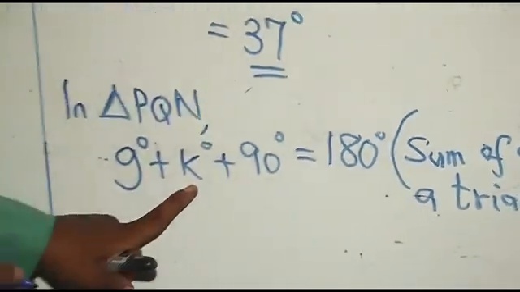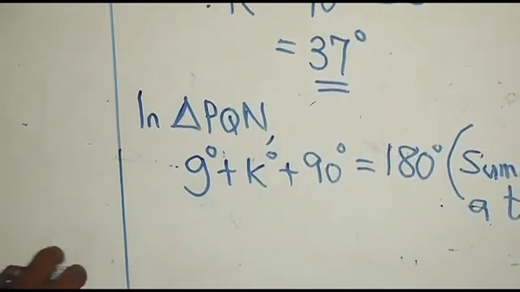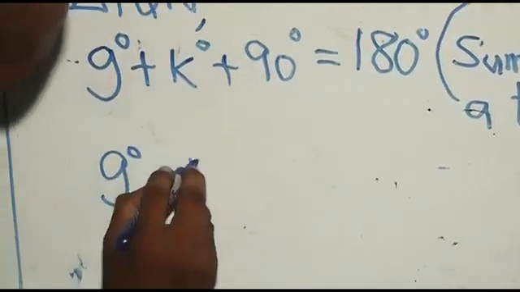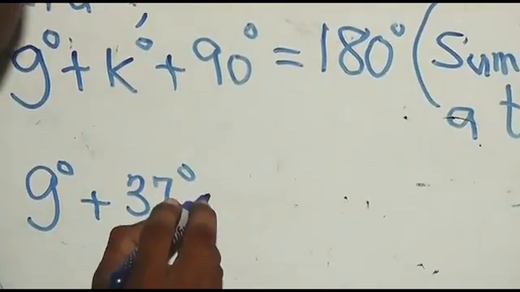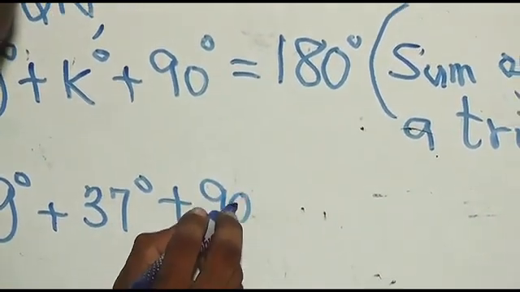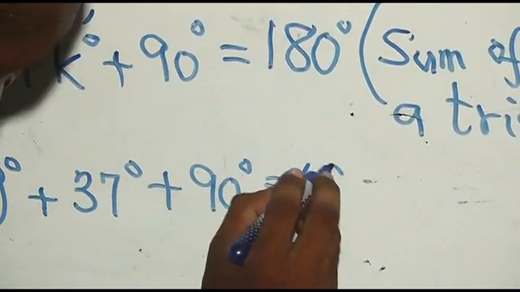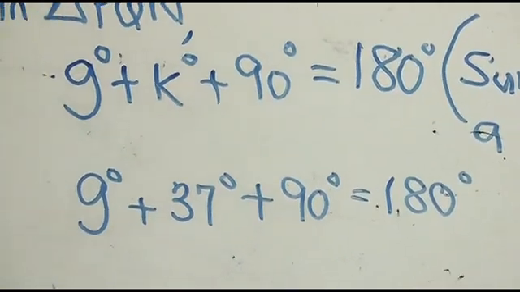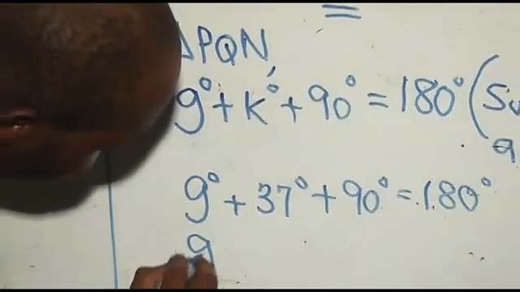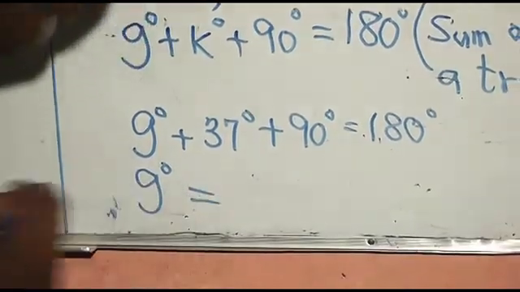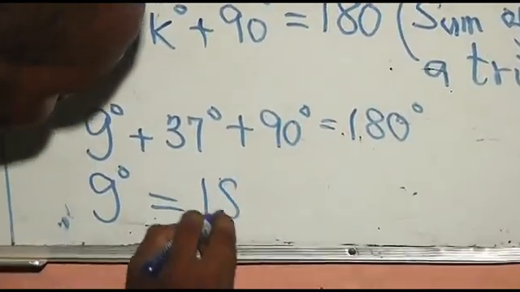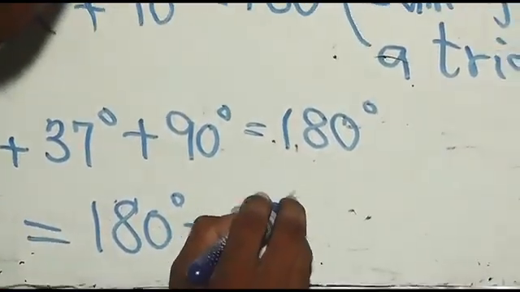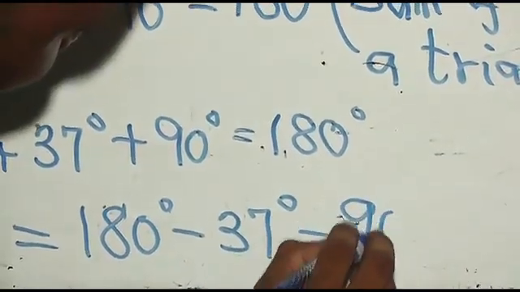And we know the value of K to be 37 degrees. So we have G degrees plus 37 degrees plus 90 degrees all equals 180 degrees. So collecting like terms, we have G degrees is equal to 180 degrees minus 37 degrees minus 90 degrees.